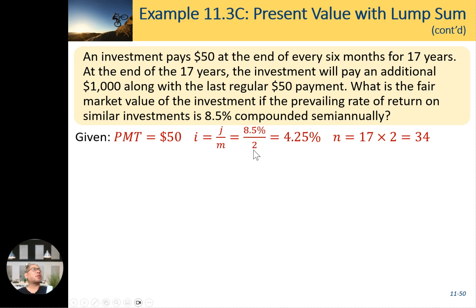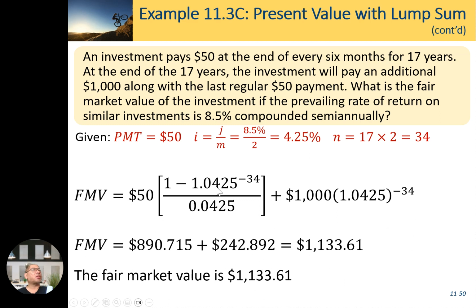So it's every 6 months, you get 4.25. And then you have 17 years times 2, you get 34. For the fair market value, you put in the logic, plus remember, you have 1,000 at the end, and then 34 because of the last 17 years. Okay, so the fair market value is the combination of the regular payments plus the 1,000 last payment.